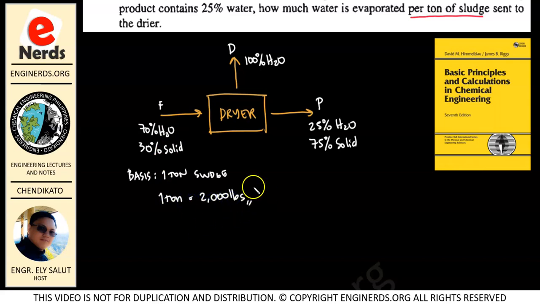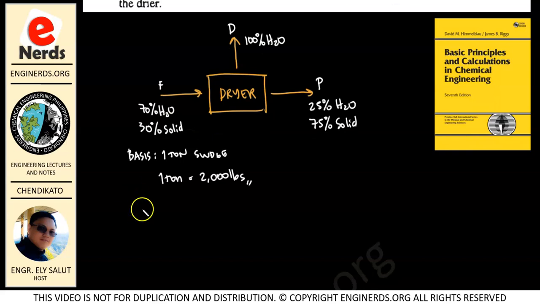So our basis is 2,000 pounds of our feed. Okay, so our F is equal to 2,000 pounds.